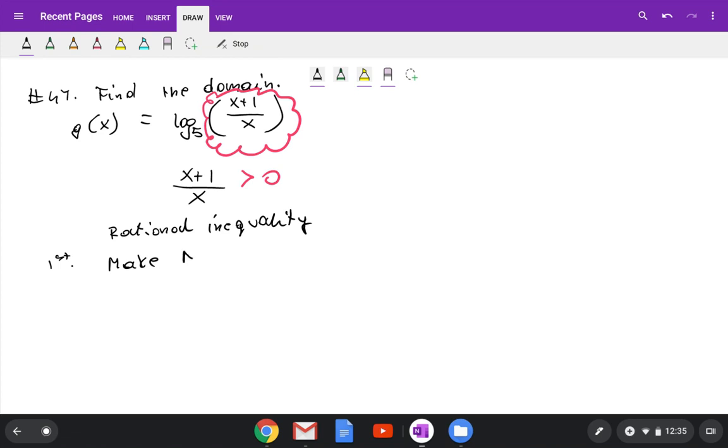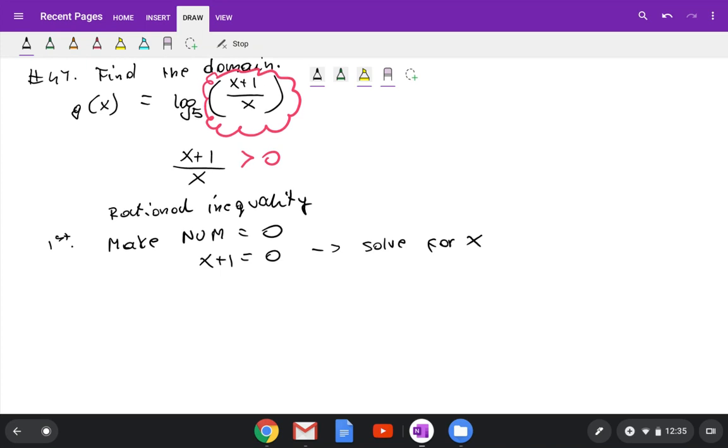To solve a rational inequality, first make the numerator equal 0. So we have x plus 1 equals 0, solve for x. We're trying to get the x values which will divide the number line into intervals, and then we can test those intervals to see which ones satisfy the inequality.